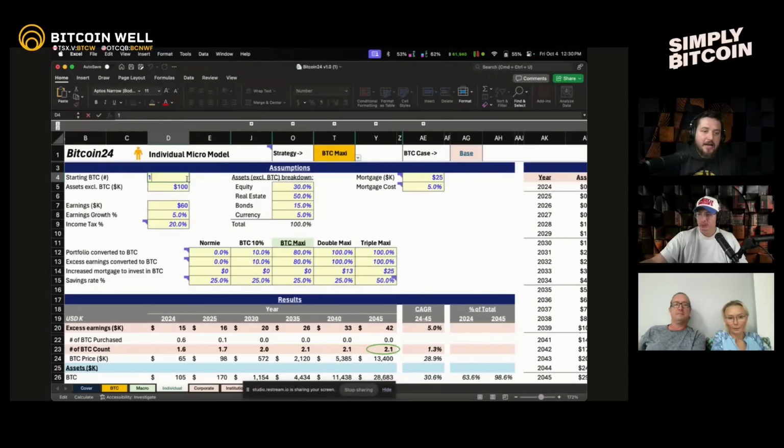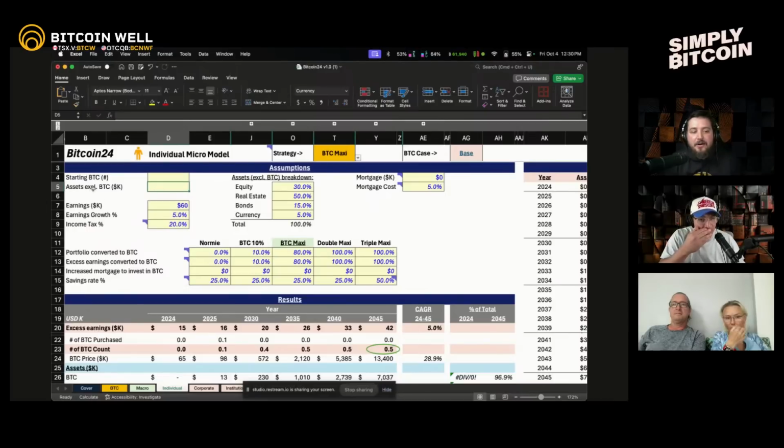And by the way, guys, everything is multiplied by 1,000. So when you see this number right here, it's not 60, it's 60K. So when you see this number right here, assets excluding Bitcoin, let's make an assumption, Opti.